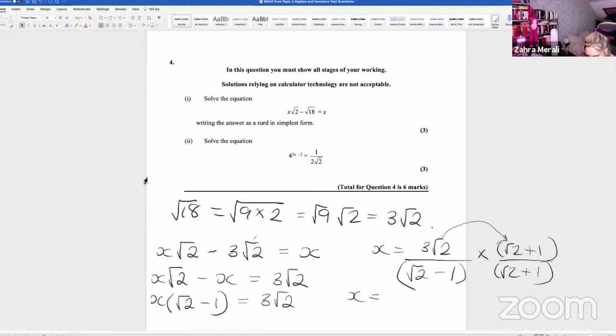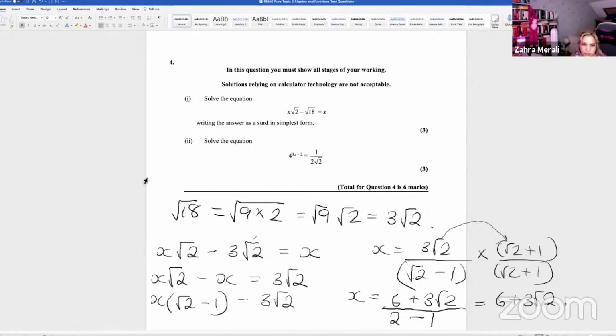So I end up with 3 times 2, so 6, plus 3 root 2 over the difference of squares. So I've got 2 minus 1, which is just 1. So my final answer is simply 6 plus 3 root 2. And that is your answer as a surd in the simplest form. It doesn't have to be one thing. A surd can be a whole number plus a surd.